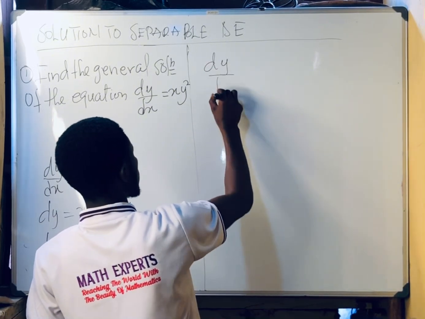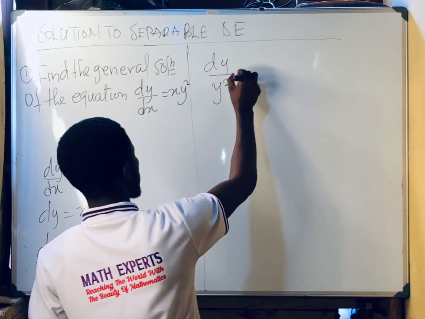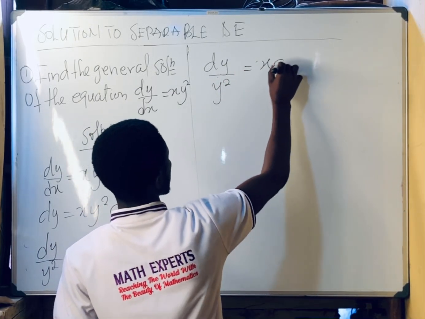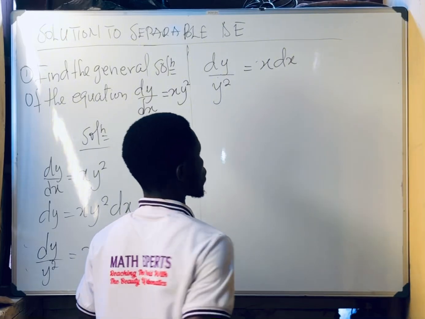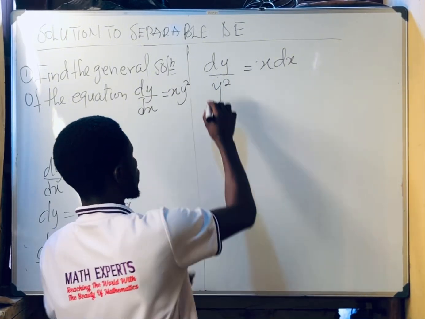dy over y squared equals x dx. Is that all right? So looking at this, we integrate both sides.